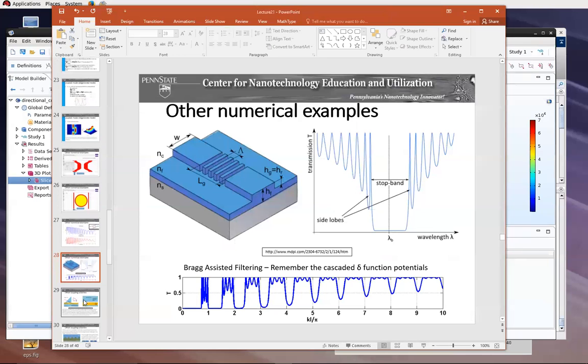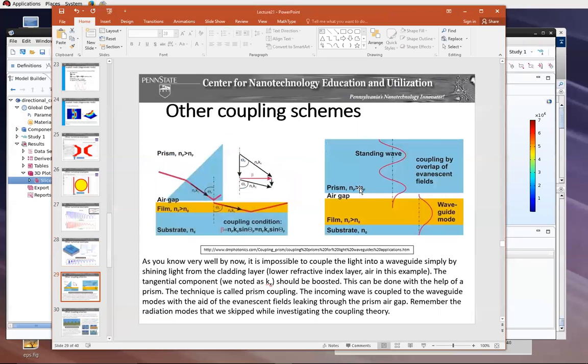All right, maybe as the last thing, I can talk about the prism coupling too. Well, you know that you can never couple from the air, right? You need something extra to couple the light directly from air into the higher dielectric refractive index material, like in this case, the film here, because you need this total internal reflection to occur.